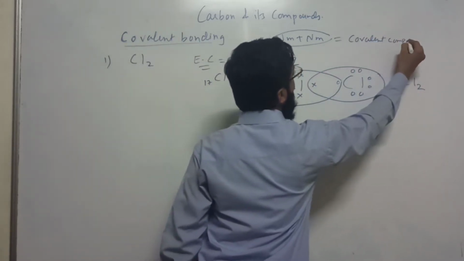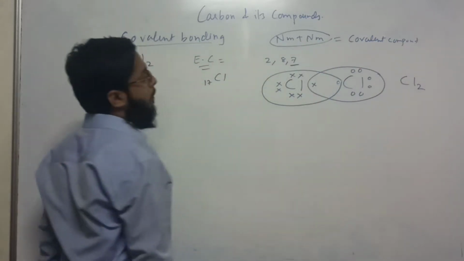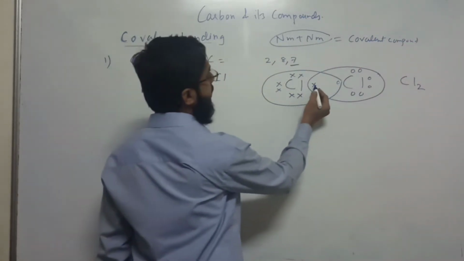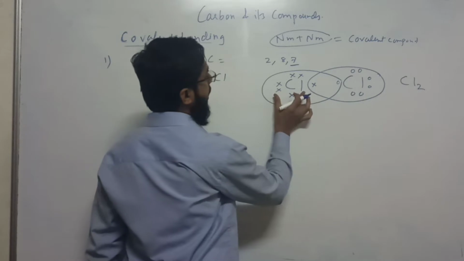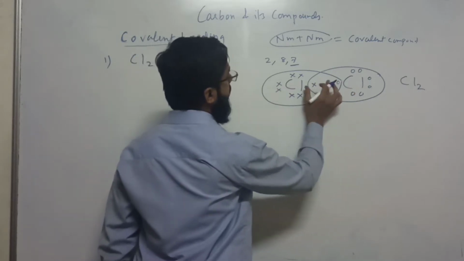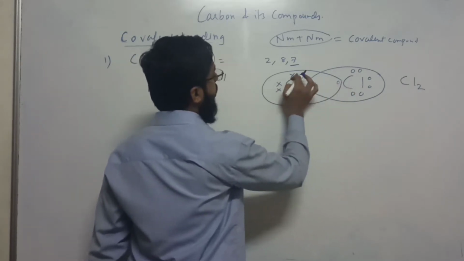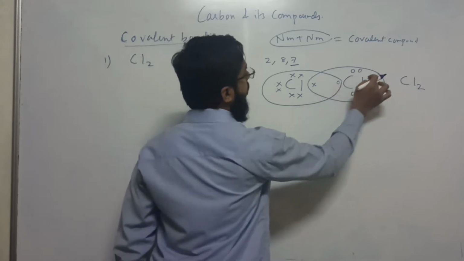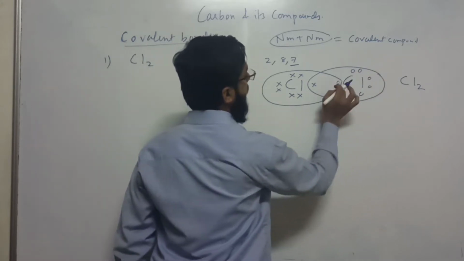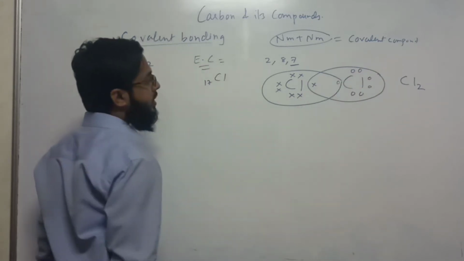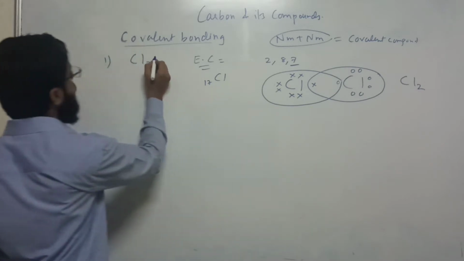Covalent compounds are formed between two non-metals. So in this way, the electron is shared by both chlorine atoms. Now each has 8 electrons. So in this way, the chlorine molecule is formed.